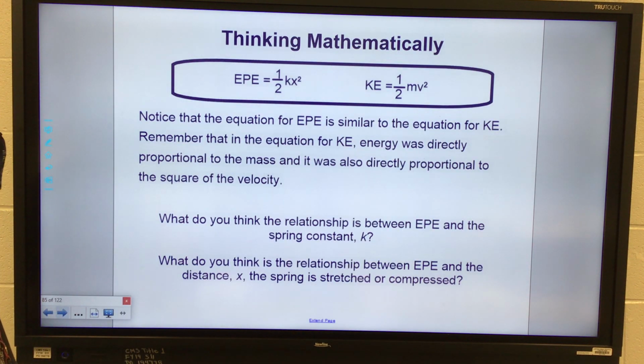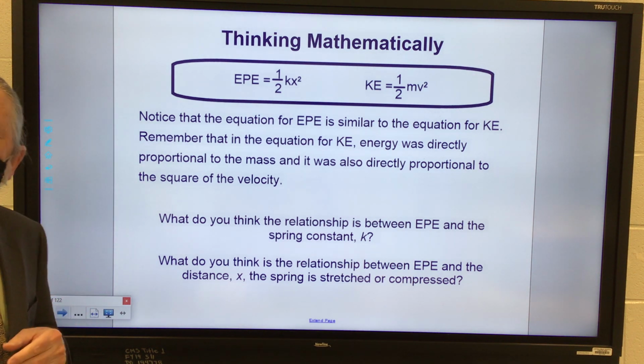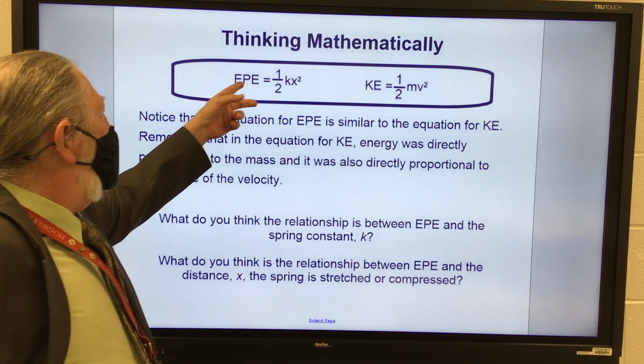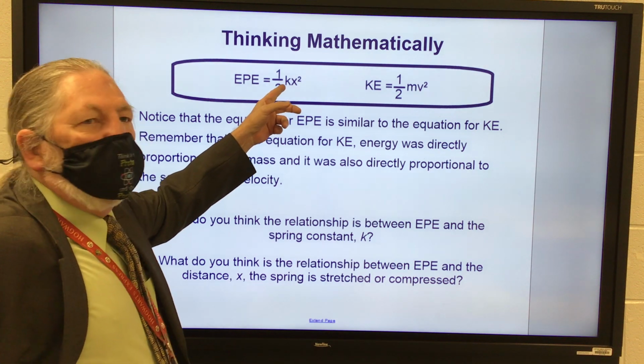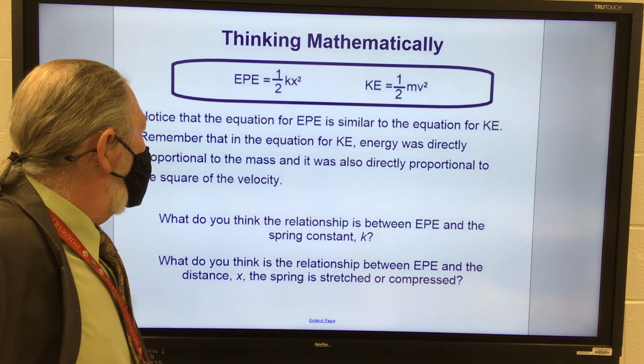Okay, so let's think mathematically again. If you remember, when we talked about kinetic energy, look at these two formulas. Elastic potential energy, or EPE, equals 1/2 times K, which is the spring constant, times x squared.